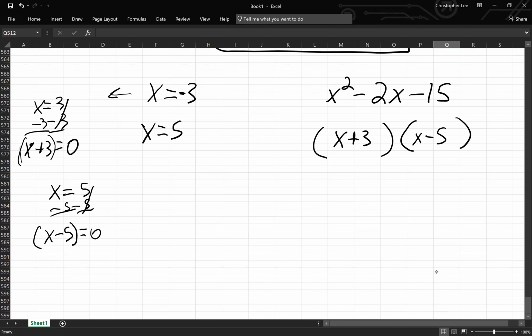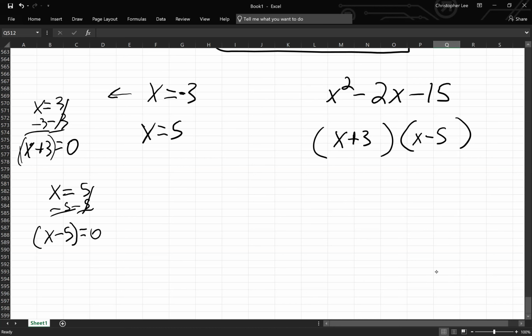To me, this is an easier way to factor than the AC method. On your test, I will ask you to give me an answer, but I'm not going to demand that you give me the answer through a particular method. So if you like the AC method, go right ahead, do it. If you like the quadratic formula, go right ahead, do it.